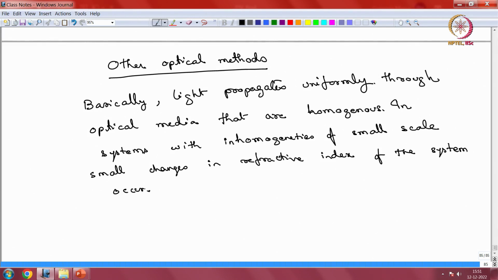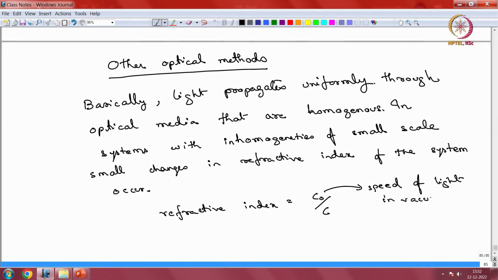Right. Now, if you recall, a refractive index is defined as c naught by c, where c naught is the celebrated universal speed limit of light in vacuum, so this is the speed of light in vacuum, and c is the speed of light in the medium.